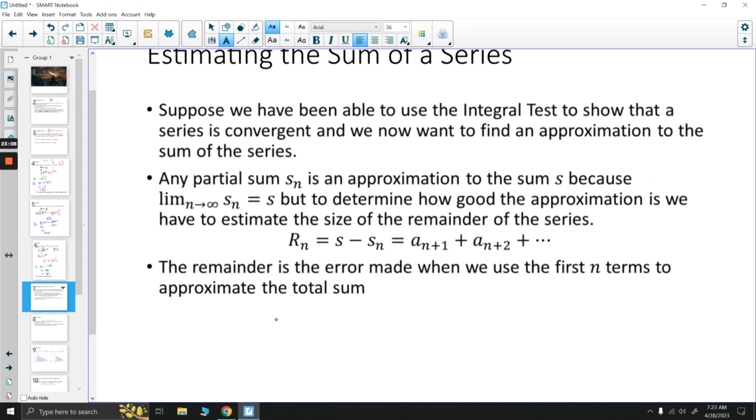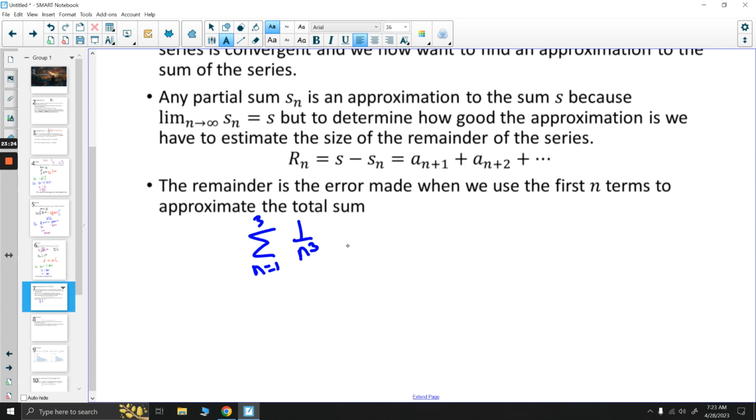Let's say the first one we did was 1 over n cubed, okay? If we were to take a partial sum, n equals 1 to 3. Let's just do 3 because that's a nice manageable number. What that means is we're going to be adding 1 over 1 cubed plus 1 over 2 cubed plus 1 over 3 cubed.